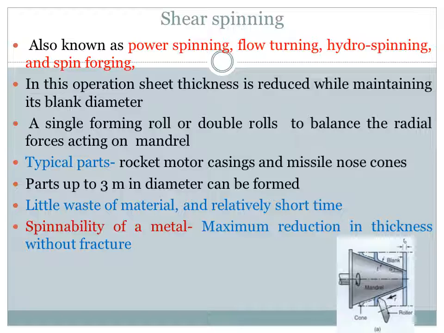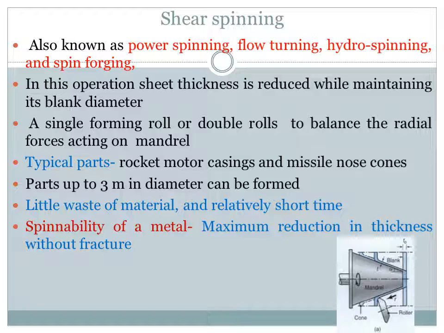And this exerts enormous force, and in order to balance the load coming onto the machine tool, normally the roller or the tool which is making the forming operation is provided from both the sides, so that the total load coming onto the machine tool is somewhat balanced.